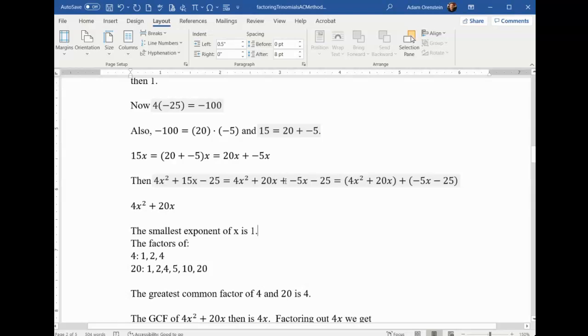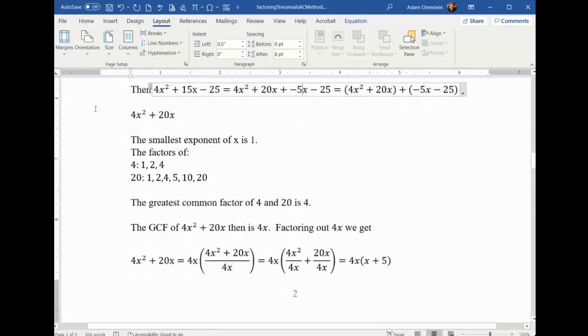Again, it's good to have addition between the second and third term because when you form the two groups and you have the addition symbol, it makes it a little bit easier. So now we have to handle each group individually. So 4x squared plus 20x.